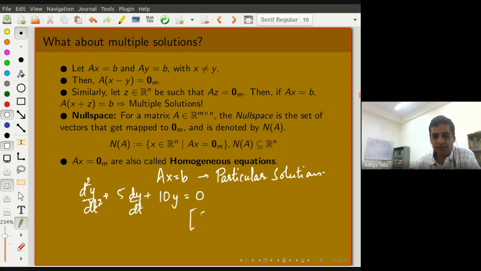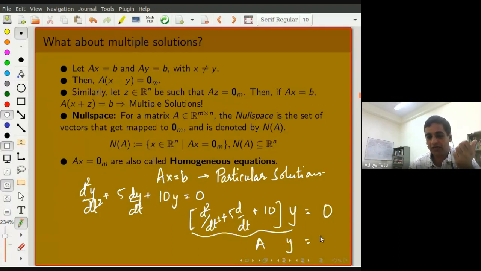I can write this as a matrix, an operator acting on y, equal to 0. Since you're not doing anything different over here.